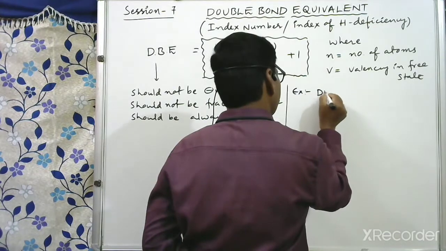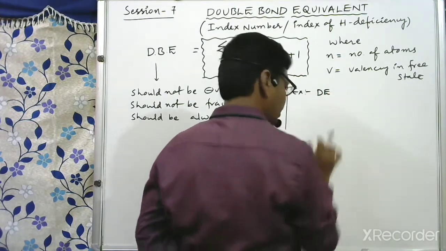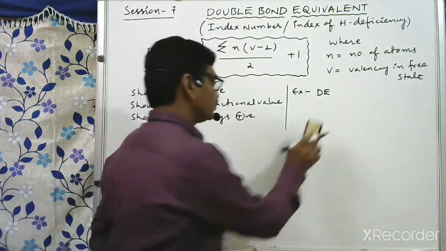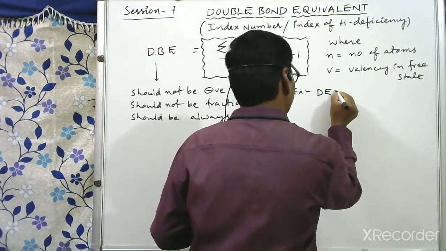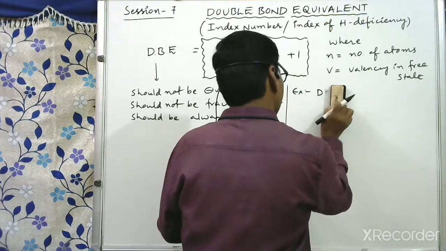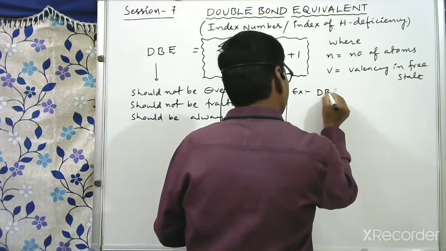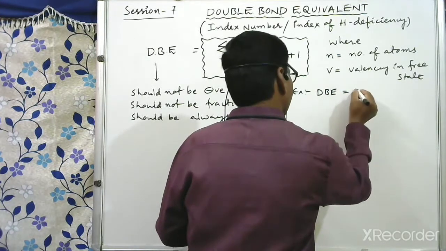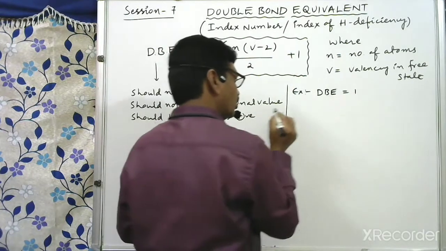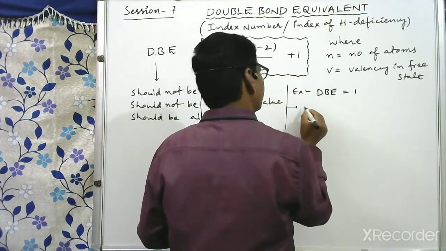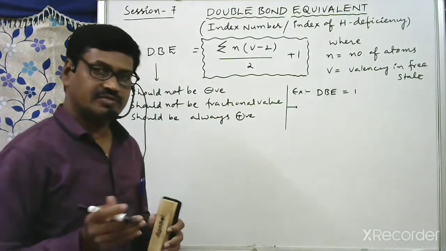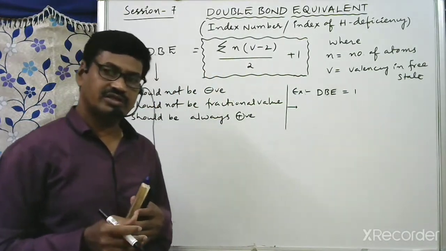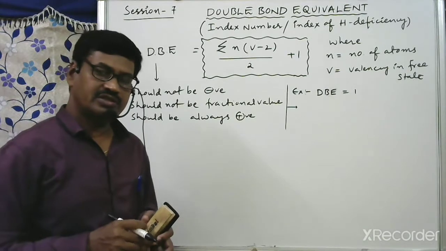So if you get double bond equivalent as, for example, DBE equal to 1, what does it mean? If you get DBE 1, then the meaning is it may contain the molecular formula. You know, isomerism means what?